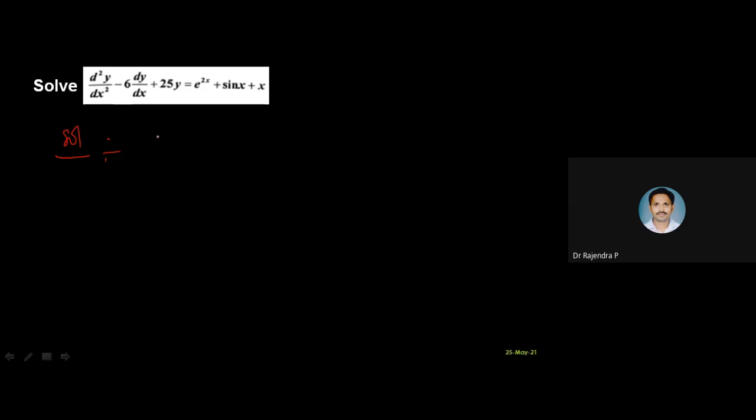Tell me. (D square minus 6D plus 25) into y equals to the given one: e to the power of 2x plus sin x plus x. Okay.